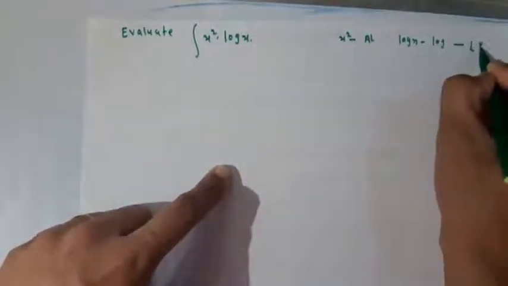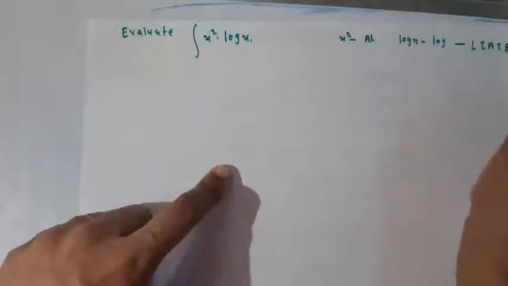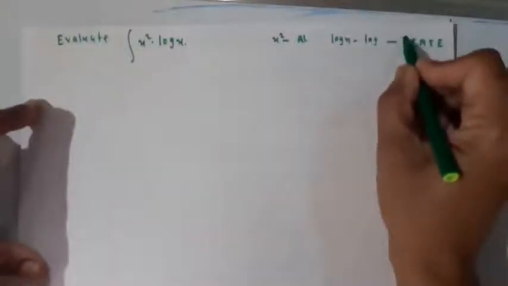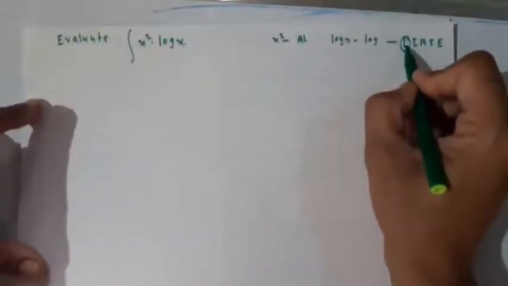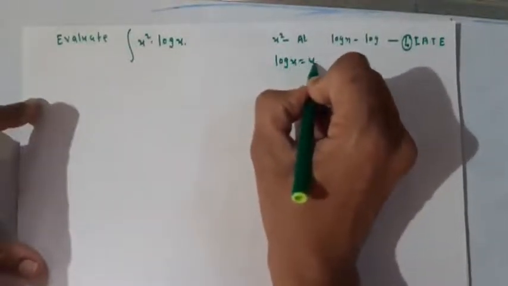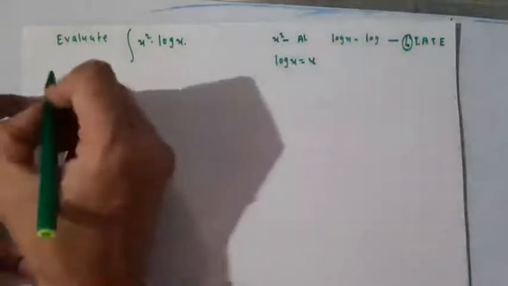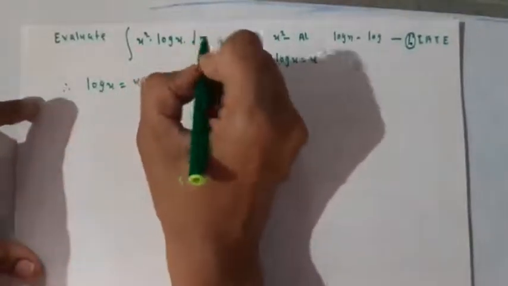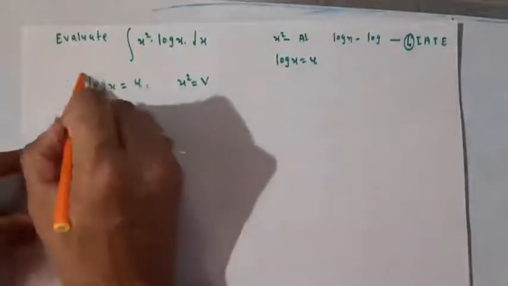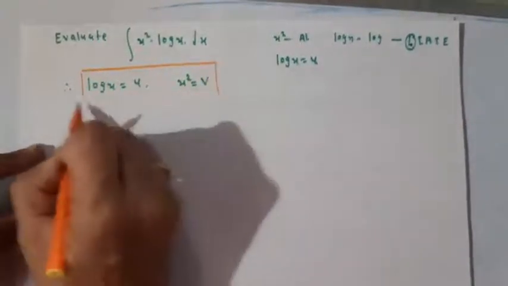In the LIATE rule, L is the logarithmic function, the first function, and that's why here log of x is u and the remaining function is v. Hence log of x is u and x square is v. In this way we choose the u function and v function.